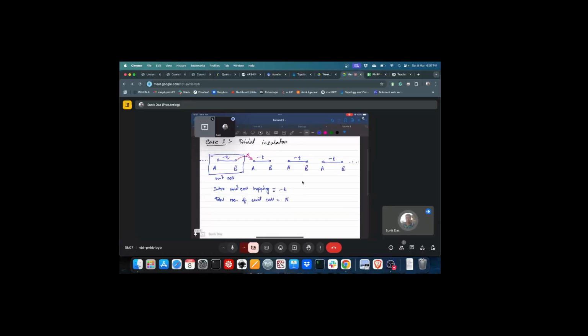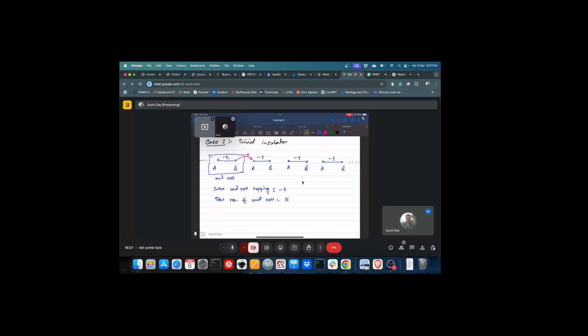You can ask the question: if between the unit cells there is no hopping at all, then how does the solid state system form? Because there must be some kind of interaction between the unit cells, or among the unit cell itself also, that binds them together.